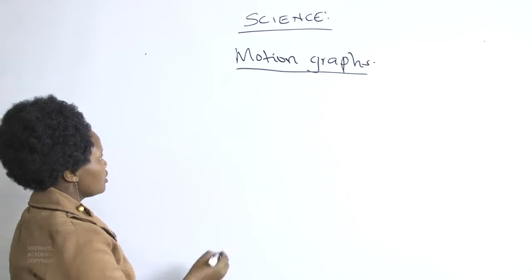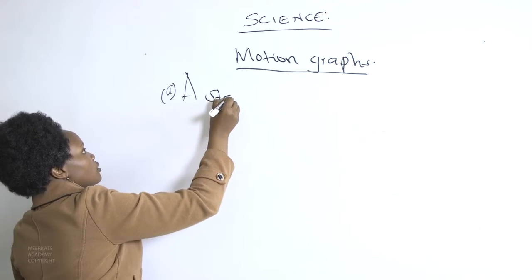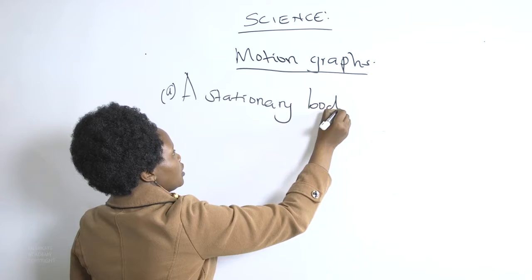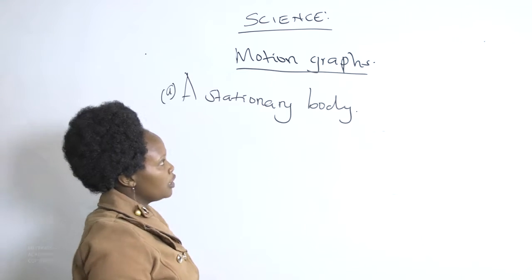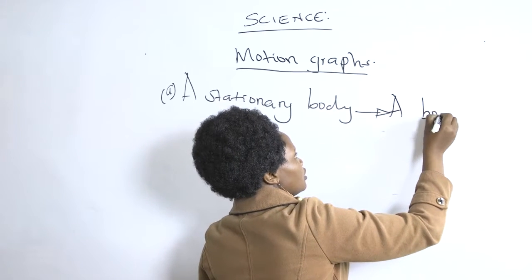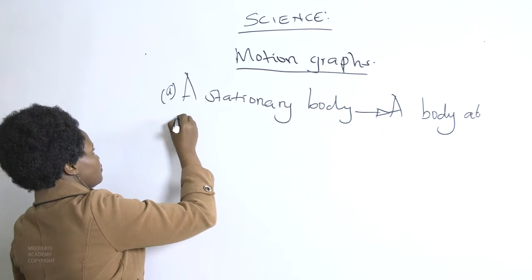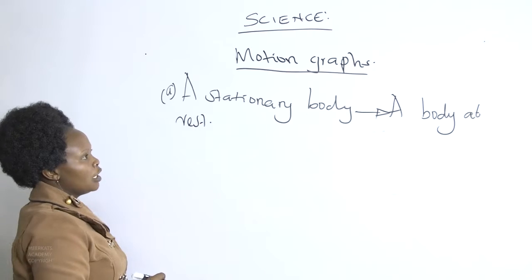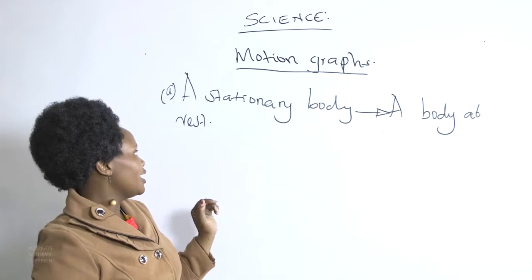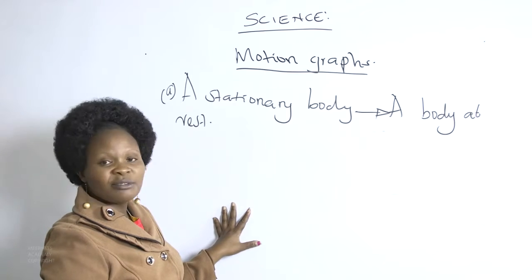Now, let us start with a stationary body. A stationary body is simply a body at rest. And when we say that a body is at rest, it means as time goes by, the body does not change in position.